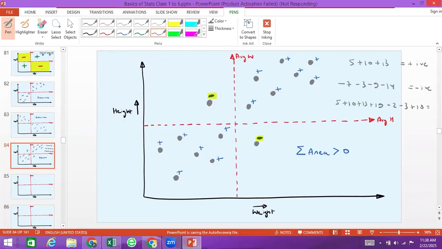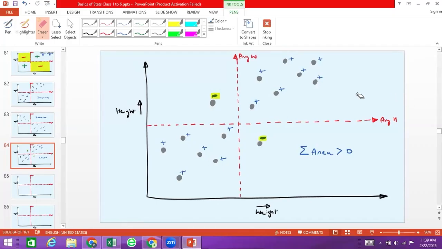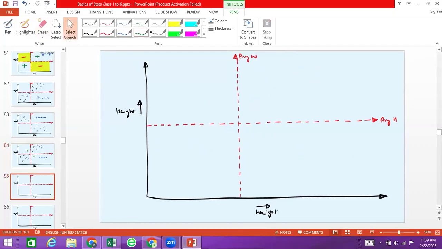So in this case, the case that we have over here, most of the values are positive. Even if there are few values which are negative, the overall summation is still going to be positive. Clear? And the other way around as well, if let's say most of my points are in the negative domain, this is negative, this is negative, negative, negative.